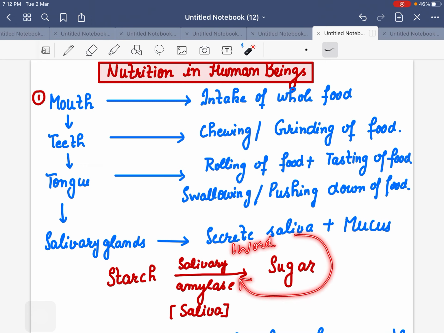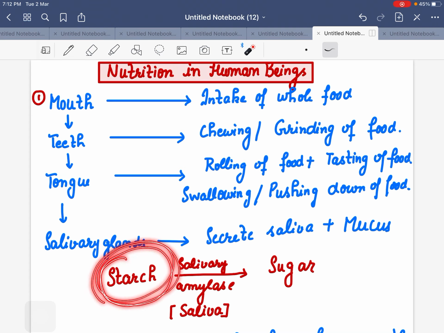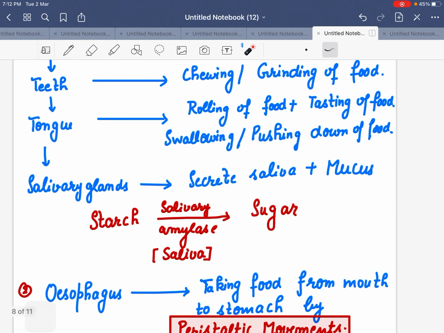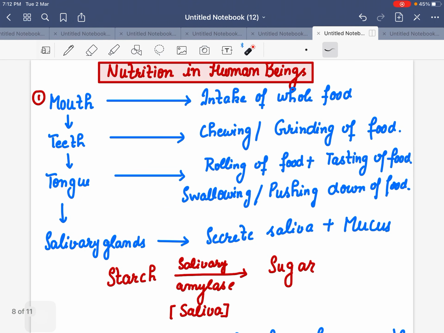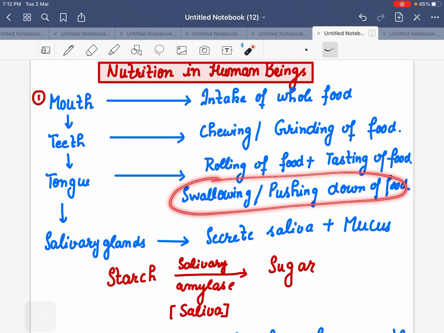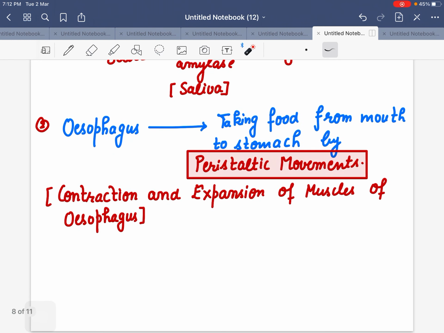One word question: saliva has salivary amylase. So an enzyme has come in our mouth. Which one? Salivary amylase. What is the role of salivary amylase? It helps in breakdown of complex carbohydrate, that is starch, and it changes into sugar. Done? Okay.